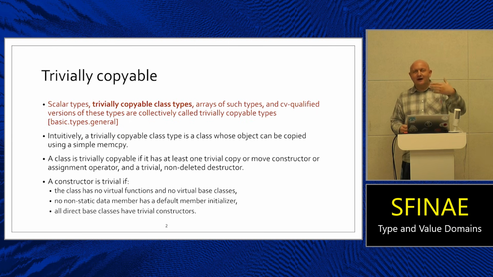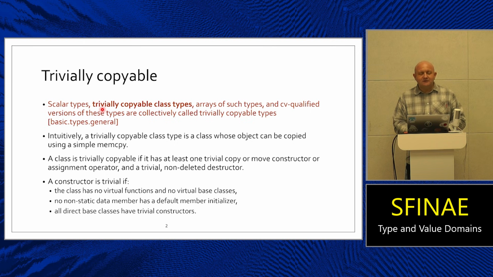We need to define those types somehow for them to be safe to copy with trivial memcpy, and the standard here makes it a bit more specific. It says trivially copyable types include: first, scalar types. Next, arrays of such types, okay?